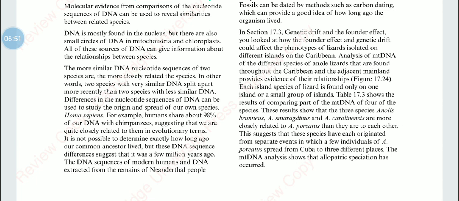So now, from the Caribbean to Australia to Cuba, there are different kinds of the same animals found, but they are of different species because they have gone through evolution.